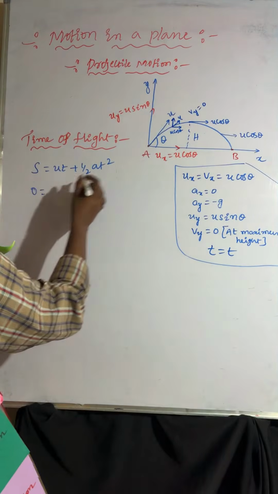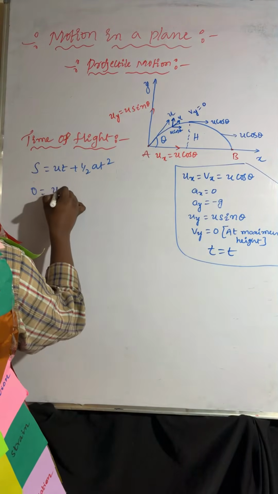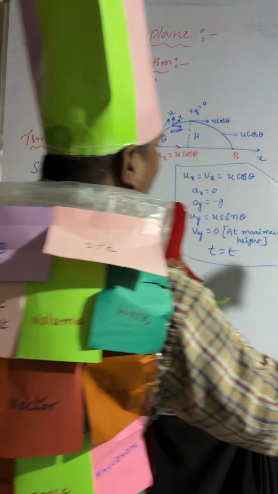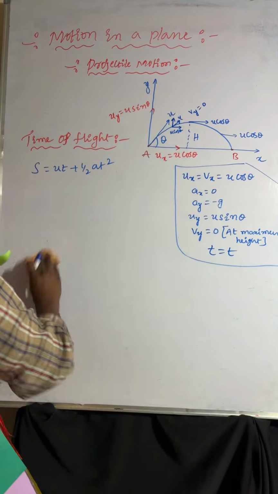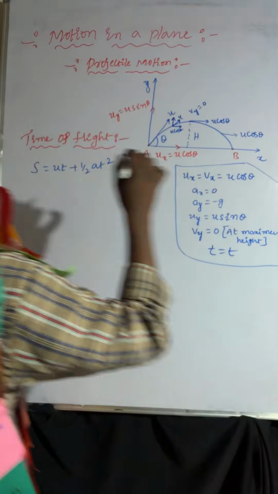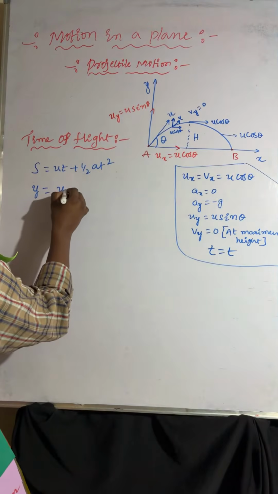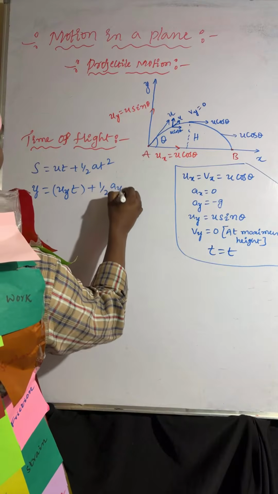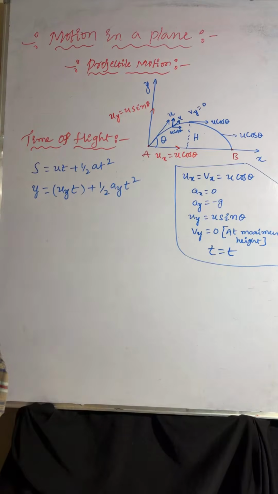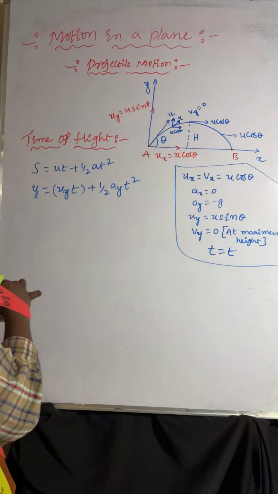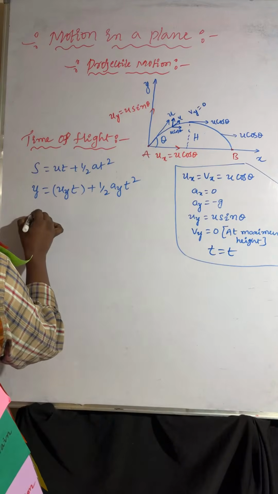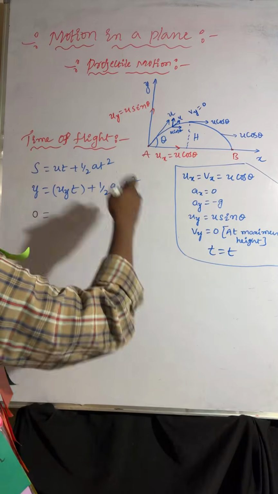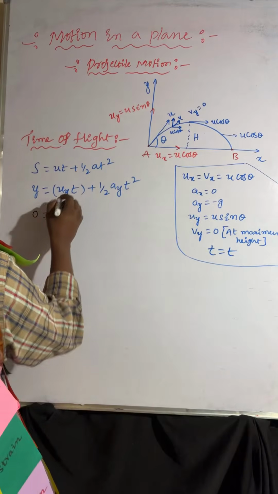So in the format y equals uy t plus half ay t square. Along the y-axis, the particle starts from one point and again reaches the same point, so along the vertical direction the displacement is zero.